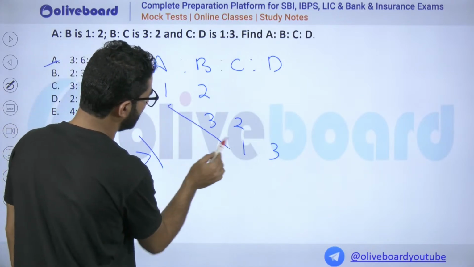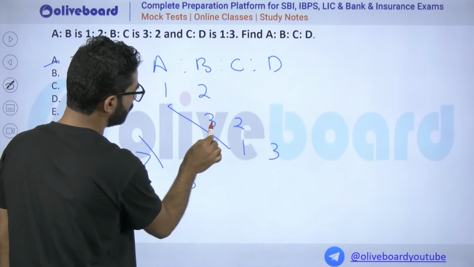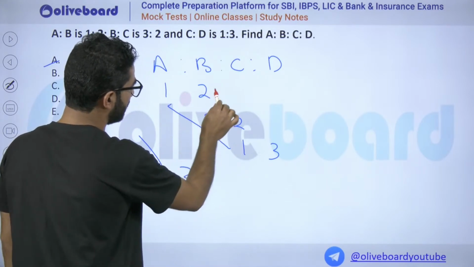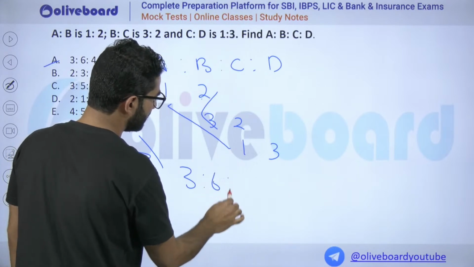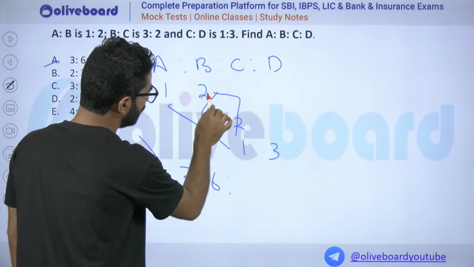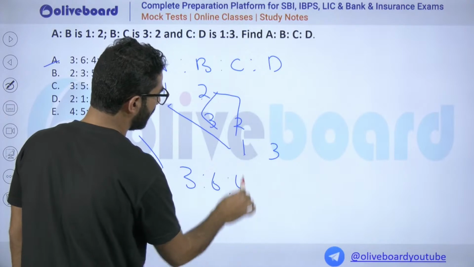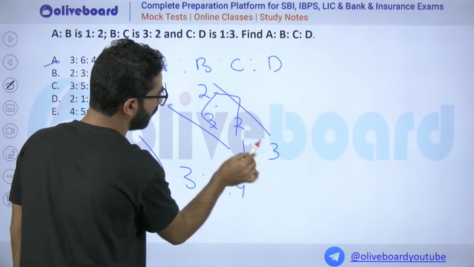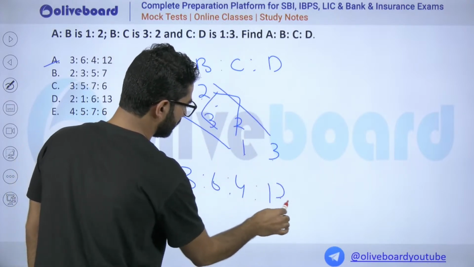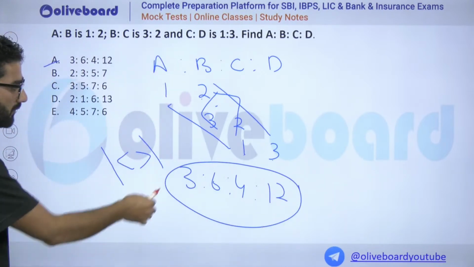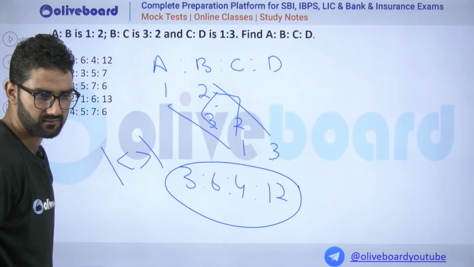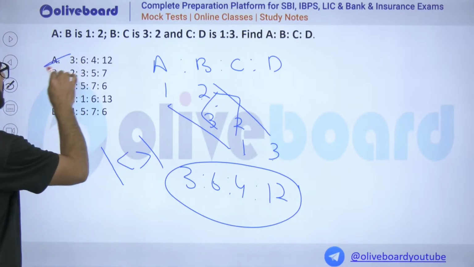So, sir, if we take this, it will be 1:3:1, that is 3. Doing this way, 2:3:1, that is 6. Now this and this, 2, 2, 1, that is 4. Doing that, 2, 4, and 3, that will be 12. So this is the answer for you guys: 3, 4, 3, 6, 4, 12. Yeah, this could be the answer. Yes, my dear.